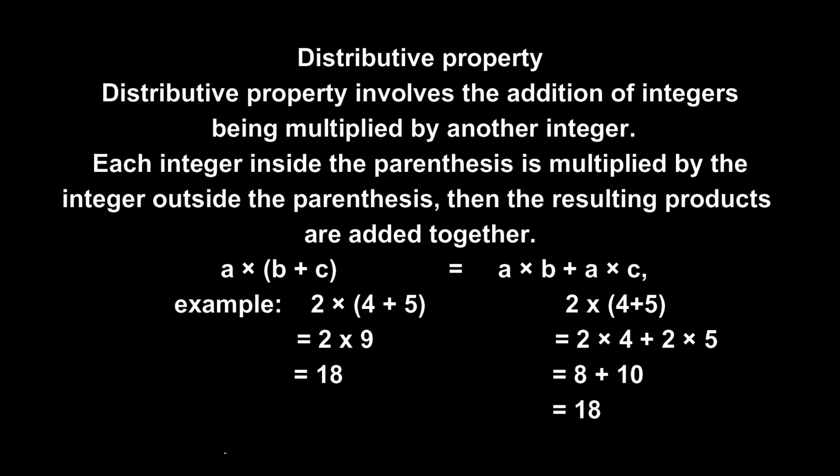Let's see by an example. a multiplied by (b plus c) is equal to, here a is to be multiplied by b and a is to be multiplied by c also. That's why I have written a multiplied by b plus a multiplied by c.